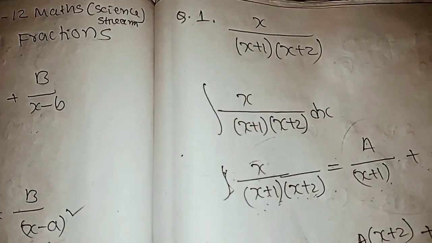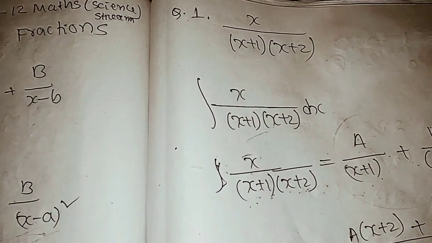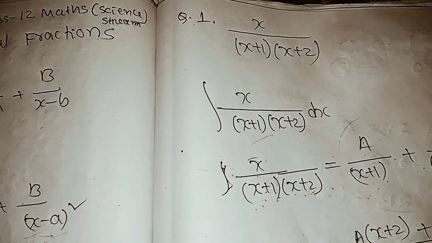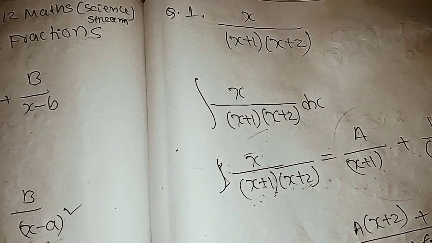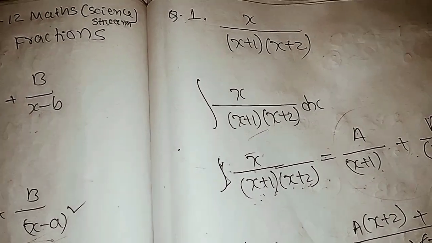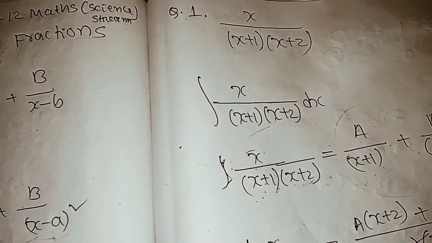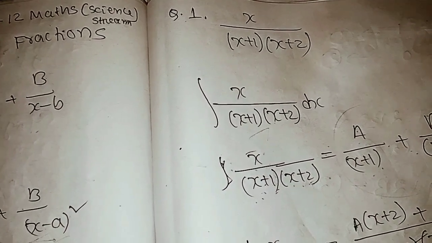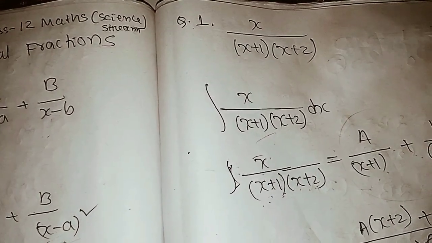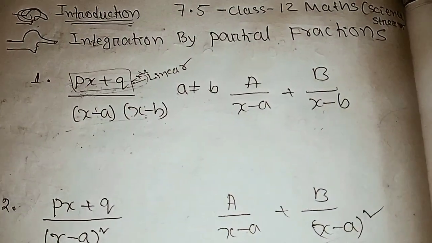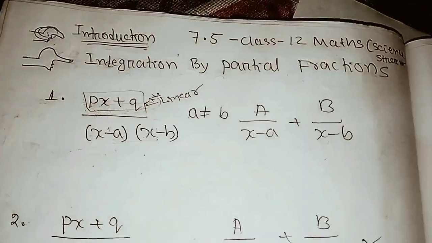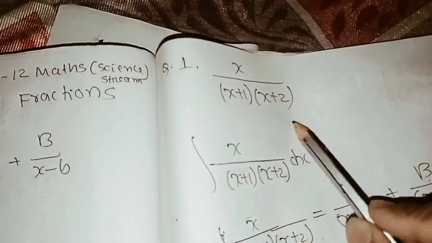So you can see this is a question of chapter number 7, exercise 7.5, question number 1. You have to take the question of 7.5 and resemble it with the formula we have already done. So my dear friends, you can see this is a concept. This is a function, this is also a function.